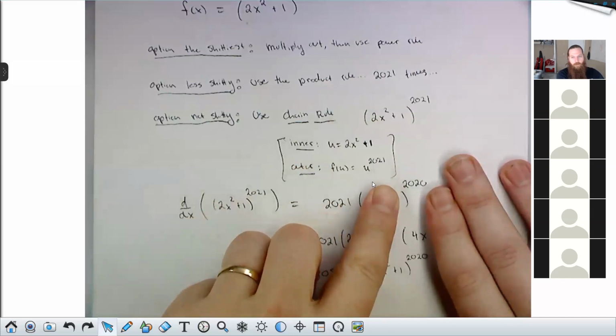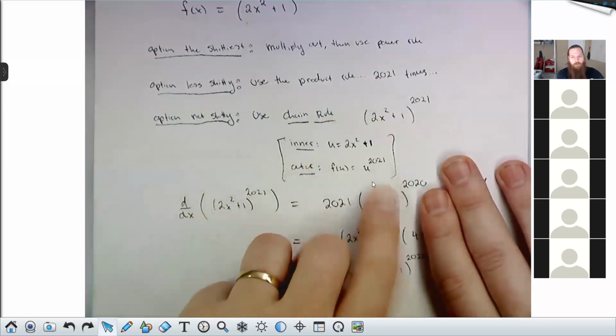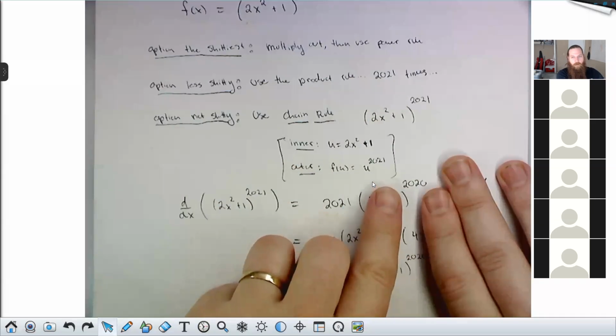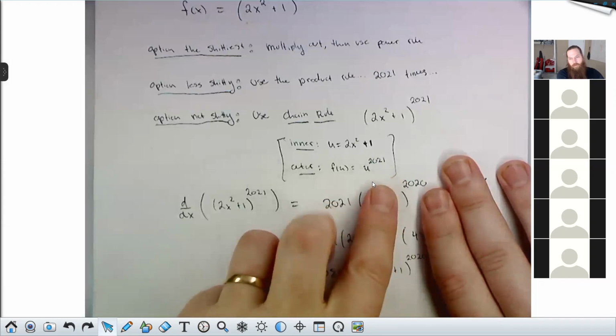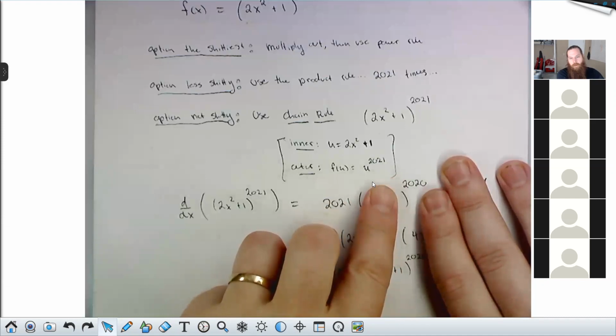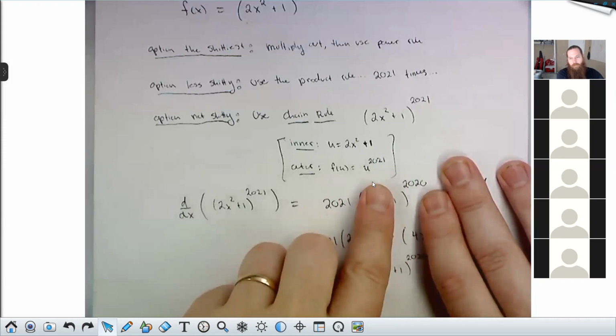So this is the derivative of the outer, leaving the inner alone. Here's my old power down here, and this is n times x to the n minus 1. That's the derivative of my outer, leaving the inner alone: 2021 times u to the 2020.